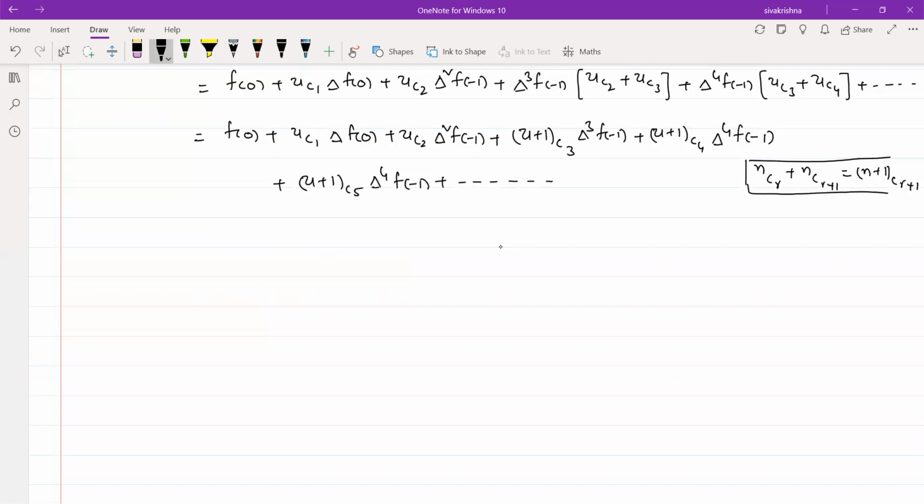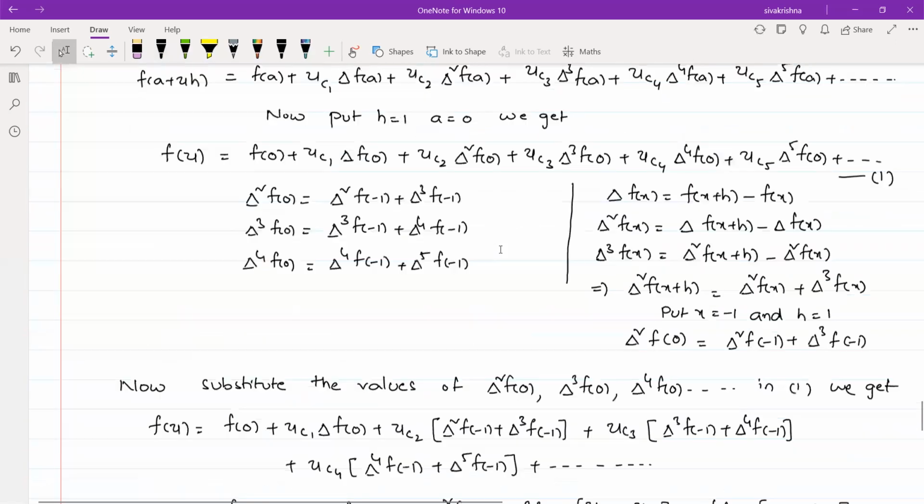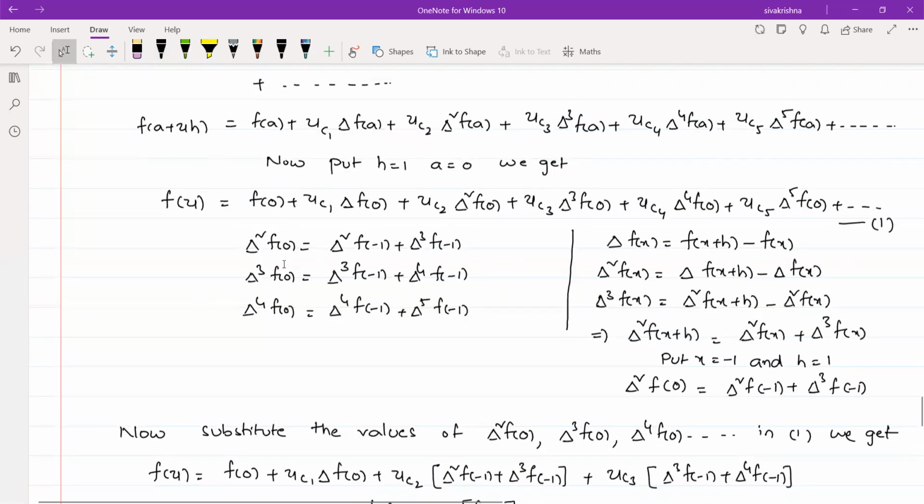So once again I am writing that we know this, so treat this as equation 2. This is f of u. Once again we know that delta power 4 f of minus 1 can be written as, we have already written delta square f of 0 as delta square plus delta cube.